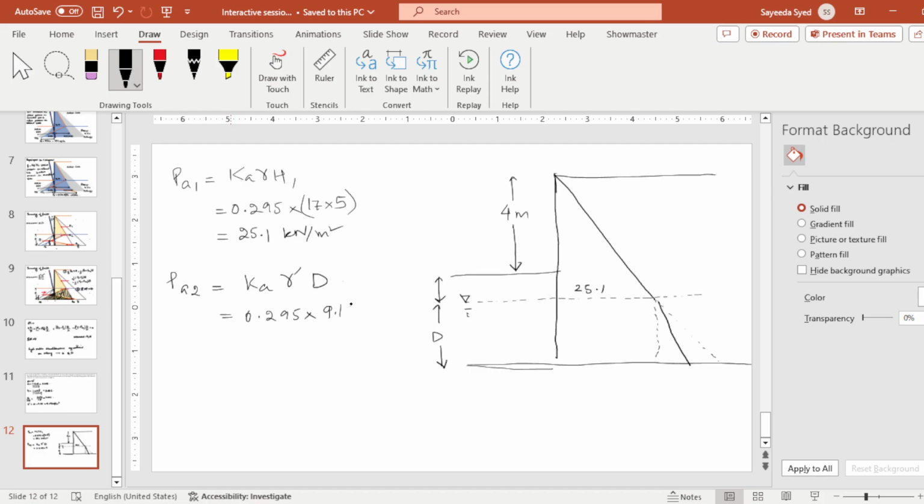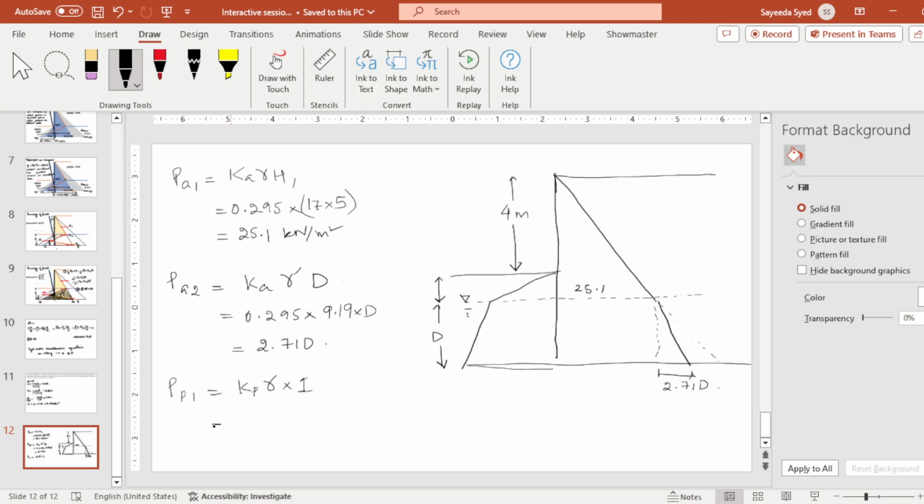Let's draw the passive pressure. PP1 will be equal to Kp gamma into 1, because this is 1.